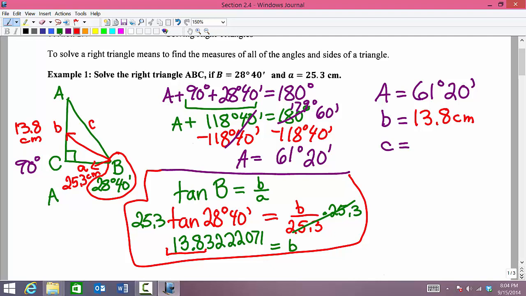Now solving for side C will be a little bit easier because we already know two sides, and we can use our Pythagorean theorem now. A squared plus B squared is equal to C squared.